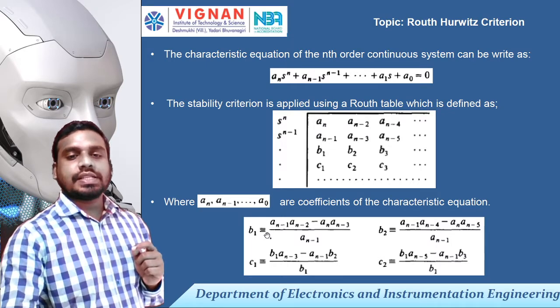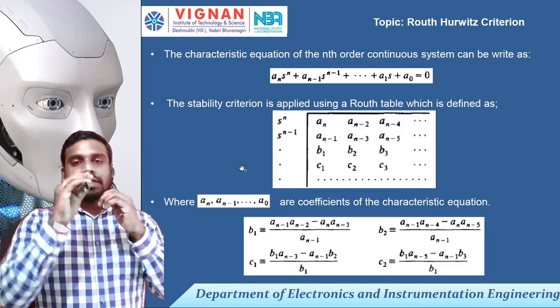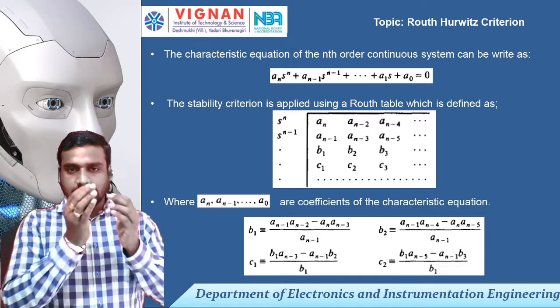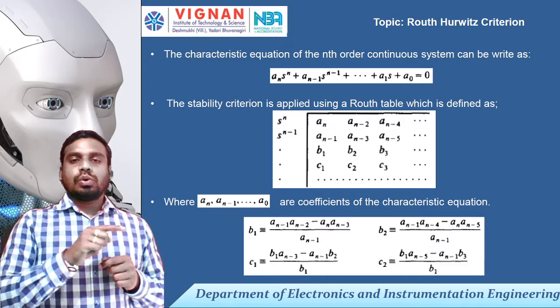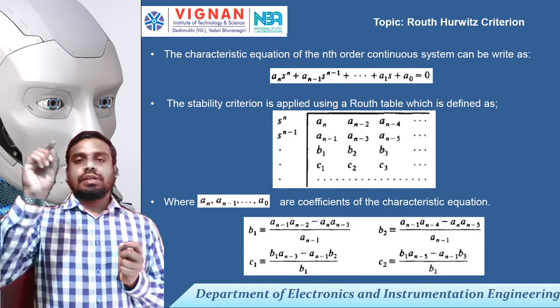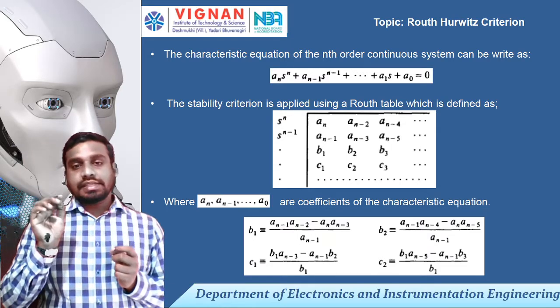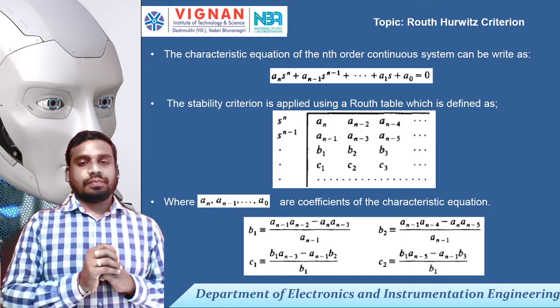Right? So here you can see, take the elements of the first two rows to compute the third row first element, B1. You have to go in a crisscross way: an minus 1, an minus 2, then minus an, an minus 3, divided by an minus 1.